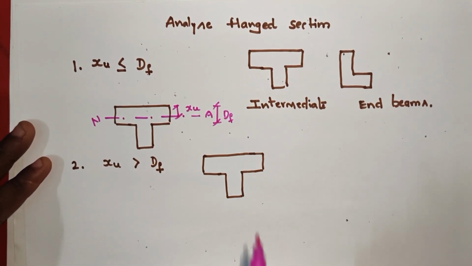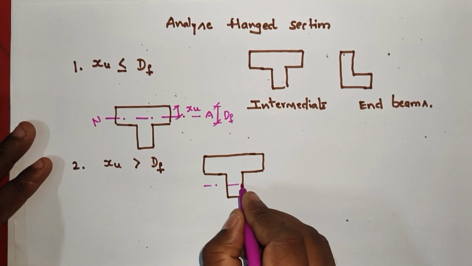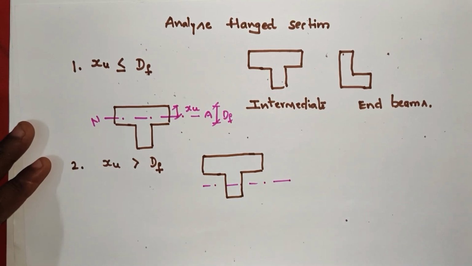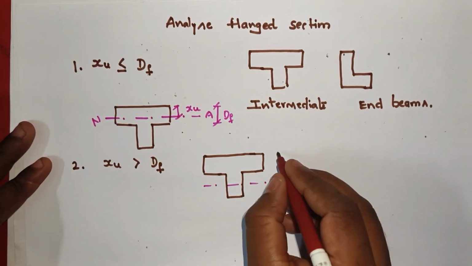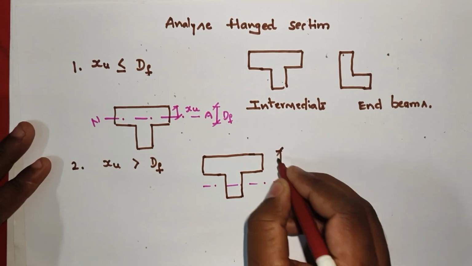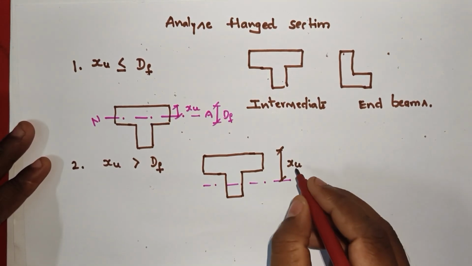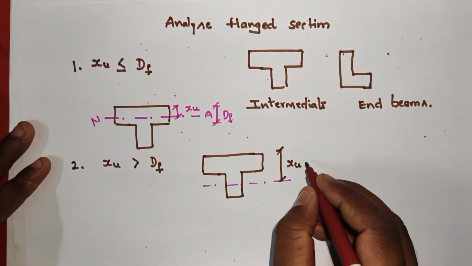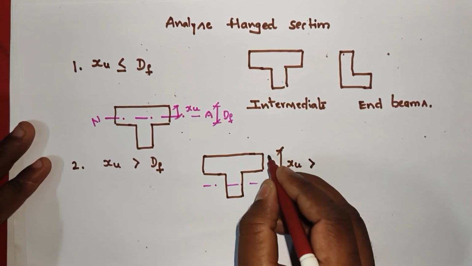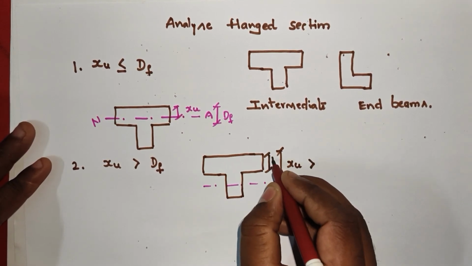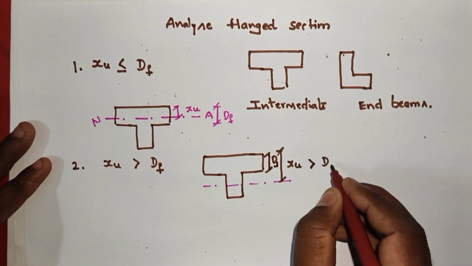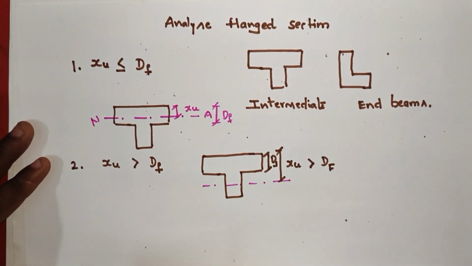Now the neutral axis is somewhere here, right? Our neutral axis is somewhere here. Now XU is greater than the depth of the flange. This is the depth of the flange, right? XU is greater than the depth of the flange. These are the two cases.